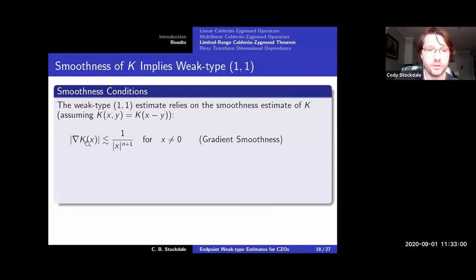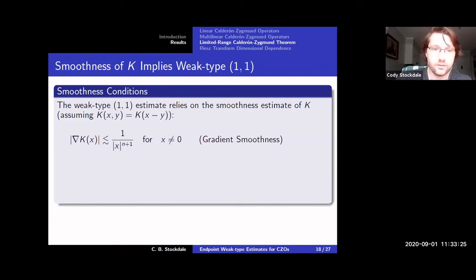Typically we could assume that the gradient is controlled by 1 over x to the n plus first. This is the simplest and most direct way we can present this. If we have one of these kernels of convolution type, then we can say that the derivative has some extra decay at infinity. This is sufficient for the weak type estimate and therefore the whole theory.